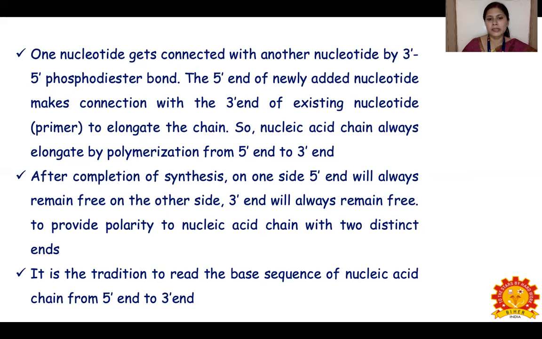After completion of the synthesis, on one side the 5' end always remains free with a phosphate group, and on the other side the 3' end always remains free with a hydroxyl group. This provides polarity to the nucleic acid chain with 2 distinct ends. It is a tradition to read the base sequence of a nucleic acid chain from the 5' end to the 3' end.